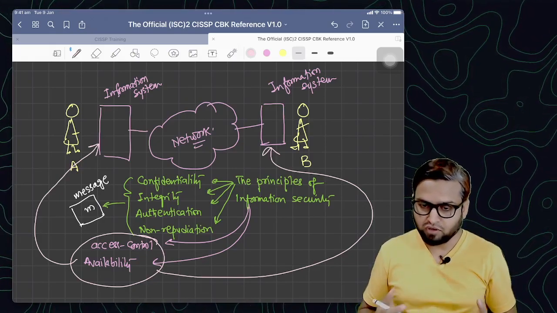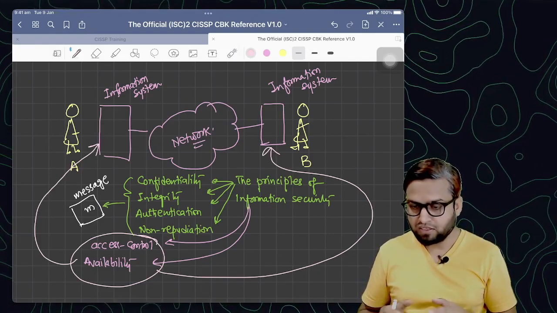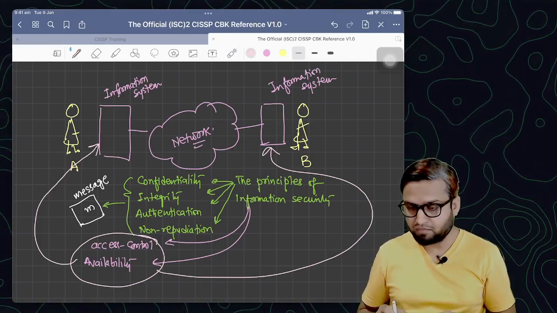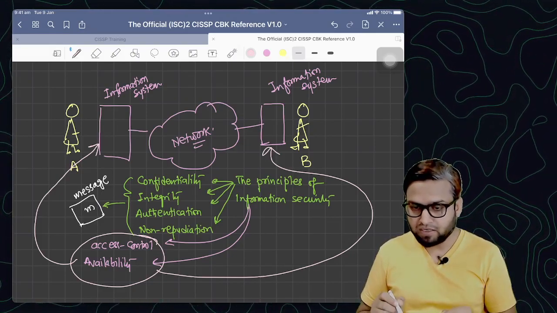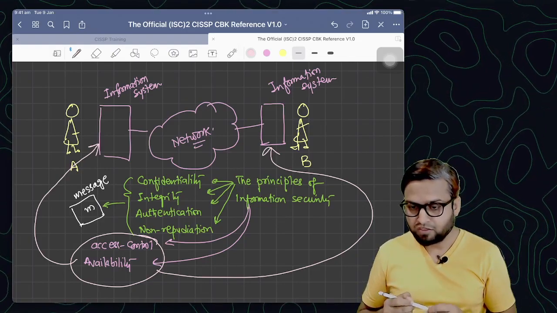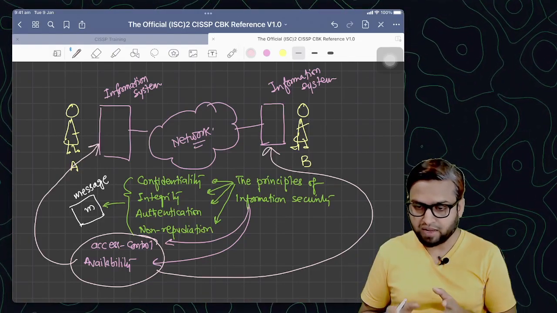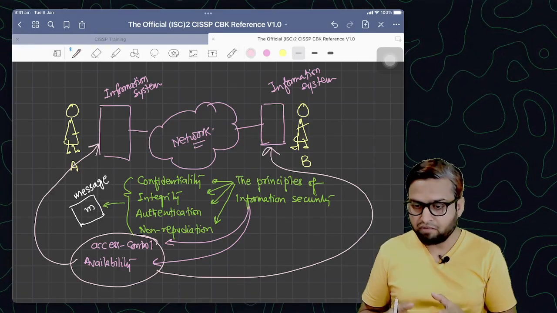And access control, we all know that accessing the system or accessing the message has to be restricted in such a way that the information system which processes the message or participates in sending and receiving the message should have enough control, so that only authorized users can access the information system and the message itself, right?